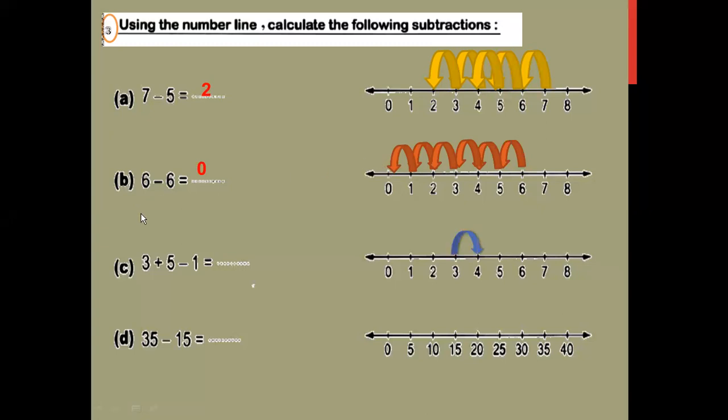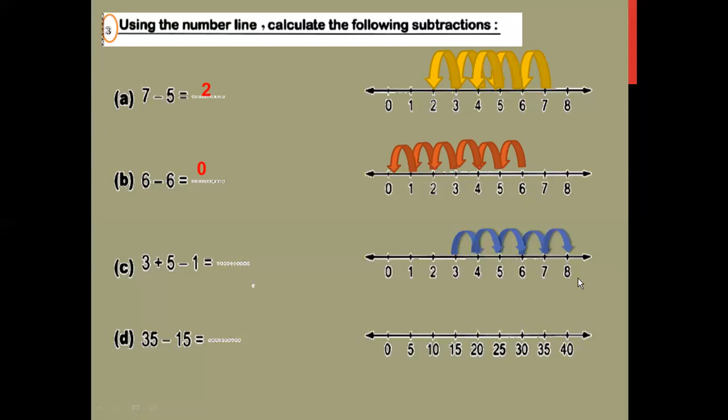Yes. In here, 3 plus 5 minus 1. At the first, stand on what? Stand on 3, and then add 5. So I will start from 3 and then I will add 5 steps. 1, 2, 3, 4, and 5.